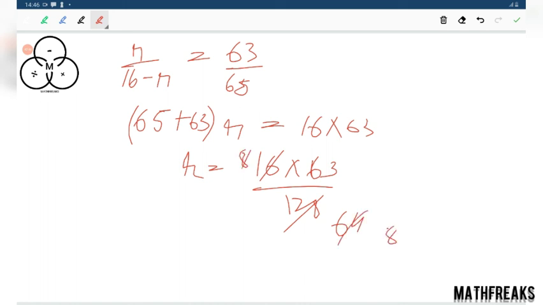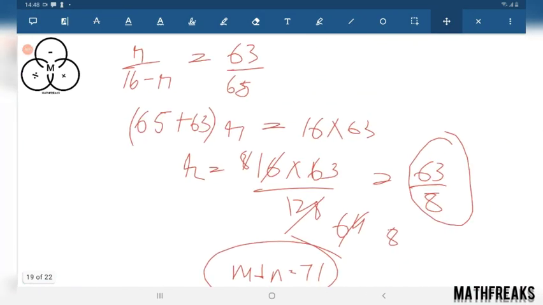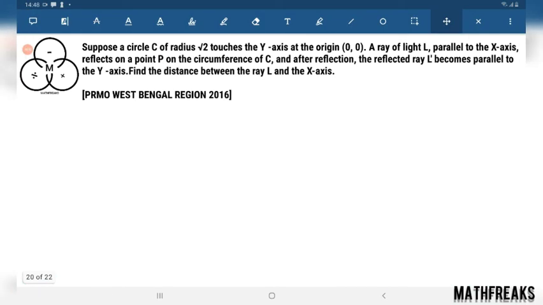We will get 8. 63 over 8. I am currently not good in the calculation part. That's why I was saying to calculate it yourself. I am not quite confident about my calculations, because according to me the answer should be 71, but now I am quite afraid that my calculation is wrong. I guess the calculation was correct, and this is the last question. I would say this is an easy question.